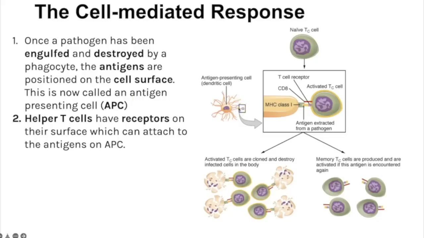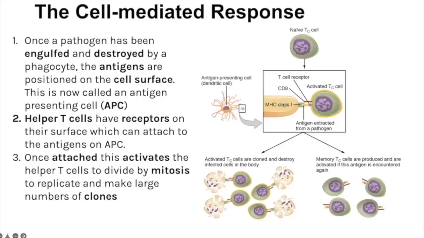Helper T cells, which are a type of T lymphocyte, have receptors on their surface that can attach and bind to the antigen on antigen-presenting cells. And once those two cells are bound, it activates the helper T cell to start to divide by mitosis. And that then means we get a very large number of cloned cells.